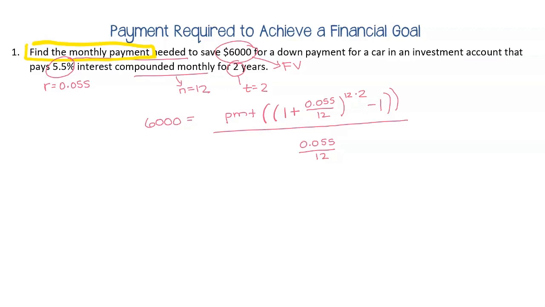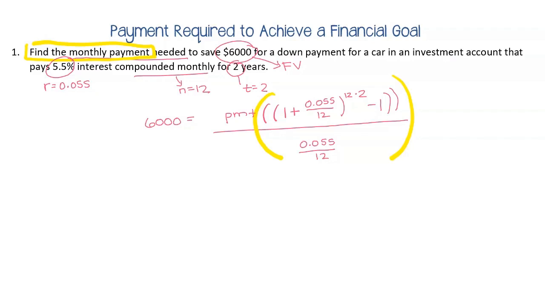Now for this problem, we need to solve for payment. This can be done. It just creates a little bit of a calculator challenge. The way I would do it is I would do this whole calculation first. So everything in the numerator besides the payment divided by everything in the denominator, get that part all figured out.